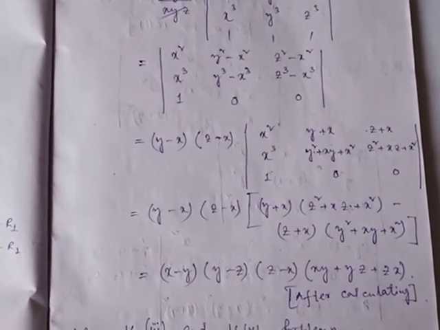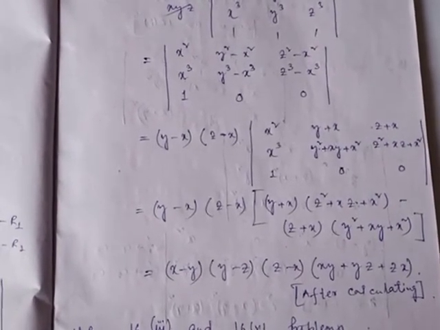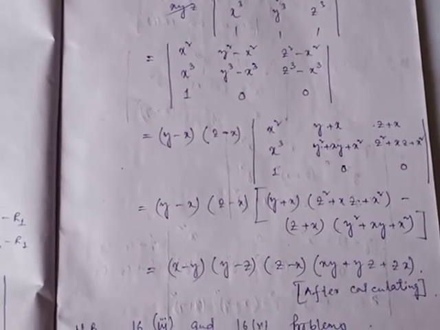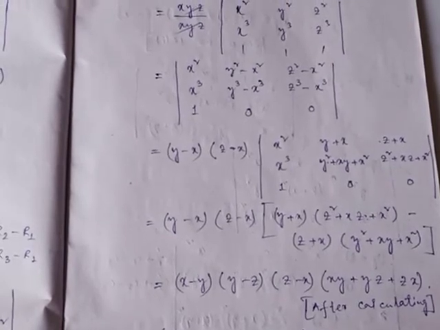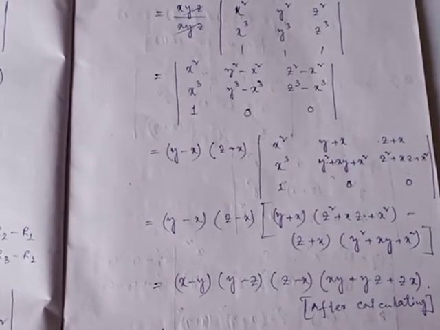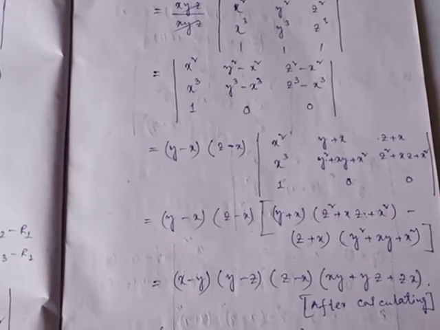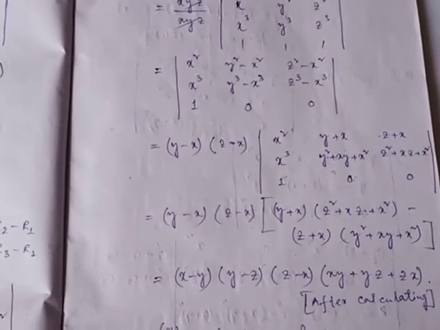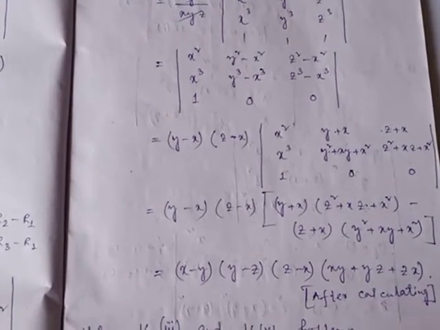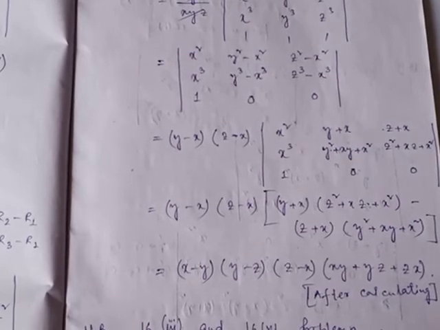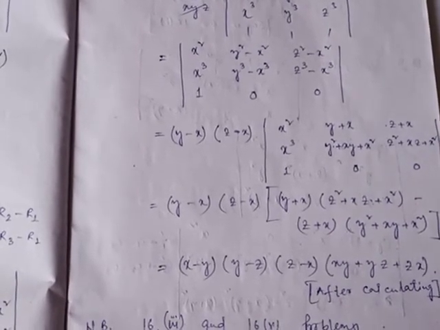Now we can write x square, x cube, 1, that is C2 dash equals to C2 minus C1 and C3 dash equals to C3 minus C1. Applying, okay. So x square, x cube, 1, y square minus x square, y cube minus x cube, 0, z square minus x square, z cube minus x cube, 0.